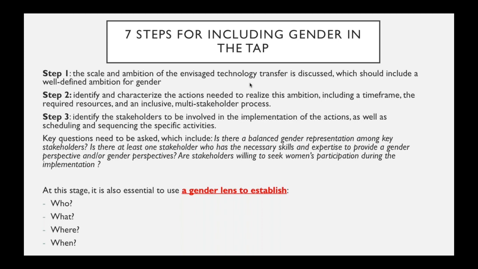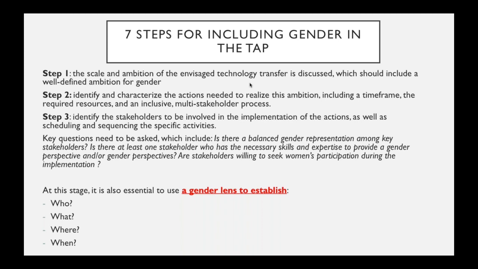Following that, identification and characterization of the actions that are really needed to realize these gender ambitions, and that includes a time frame, resources, and an inclusive multi-stakeholder process. Remember, in the beginning I said that achieving gender mainstreaming of the technology needs assessment requires planning and it requires resources. So that is where this comes back into play.